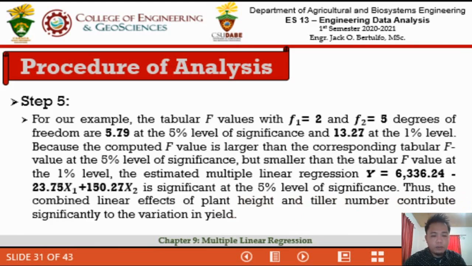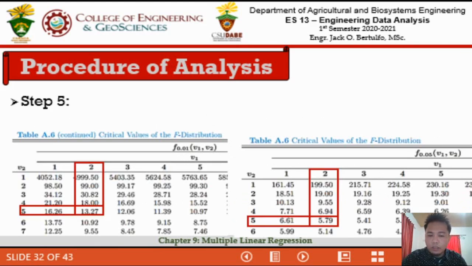Okay, so I will show you just one. Our F1 is 2, which is k, and our F2 is 5 here. So we have a value of 13.27 for 1%, and 5.79 for 5%.